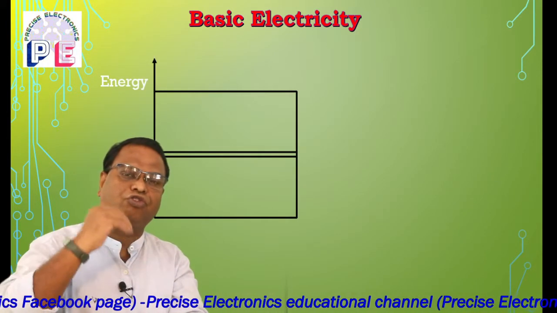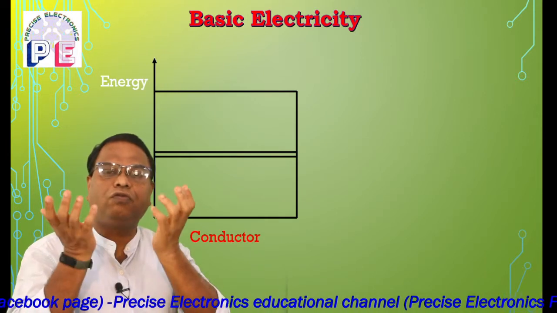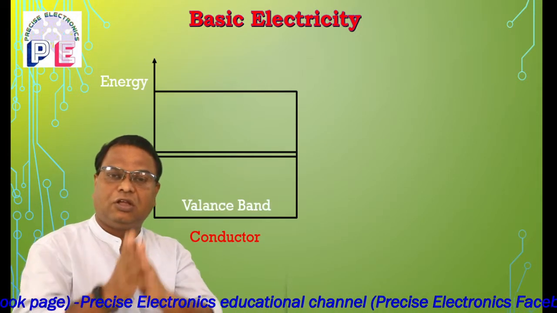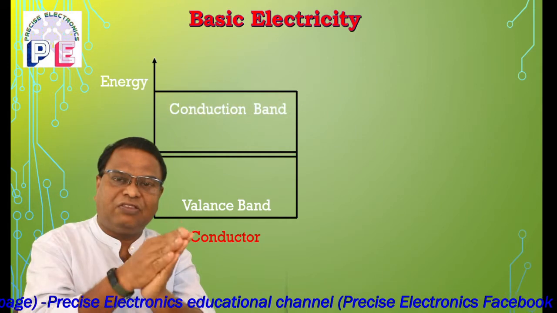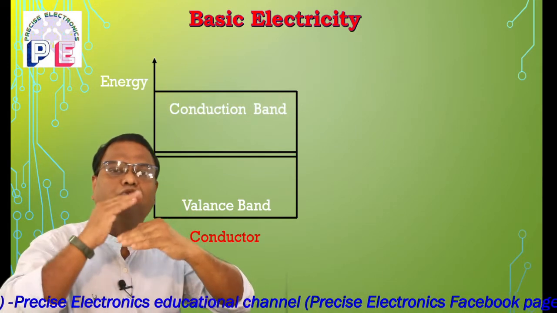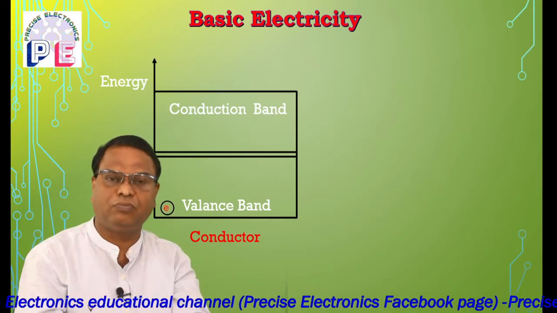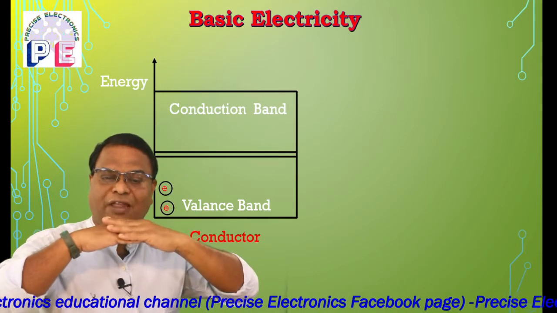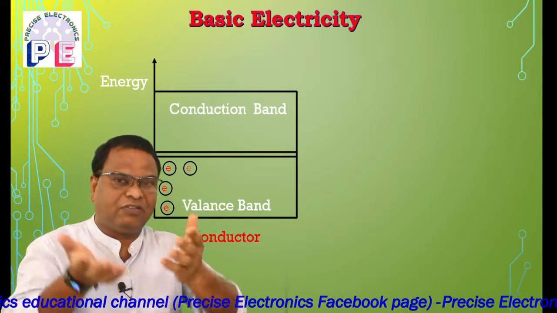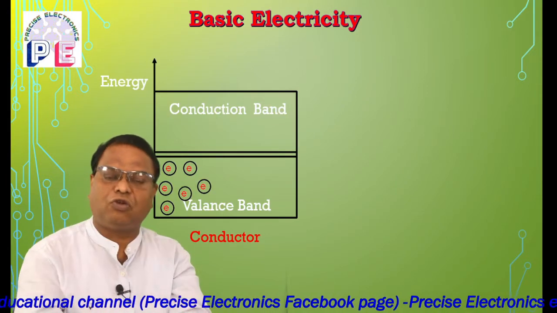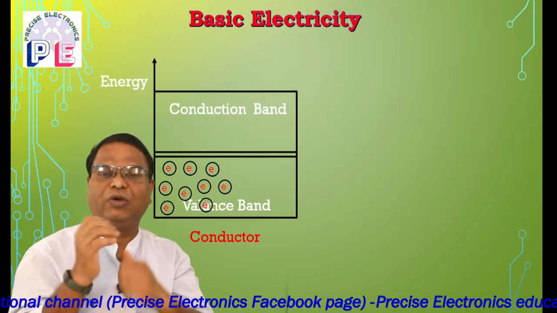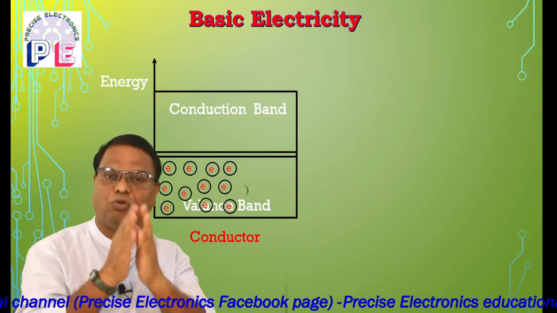First of all, we are going to study the structure of conductor. In conductors, the valence band and conduction band mostly overlap. So obviously there is no band gap. So valence band occupies more electrons, there are plenty of electrons, while the conduction band is almost empty.